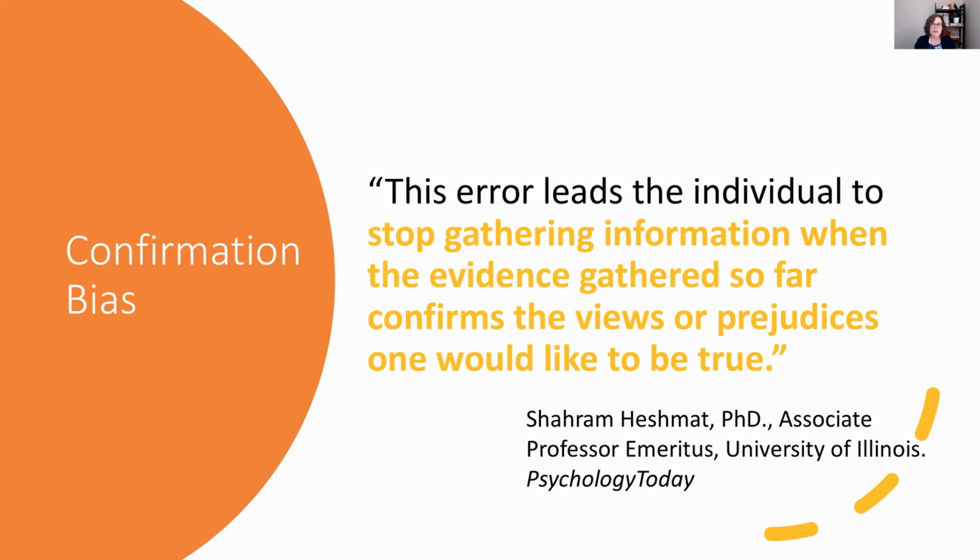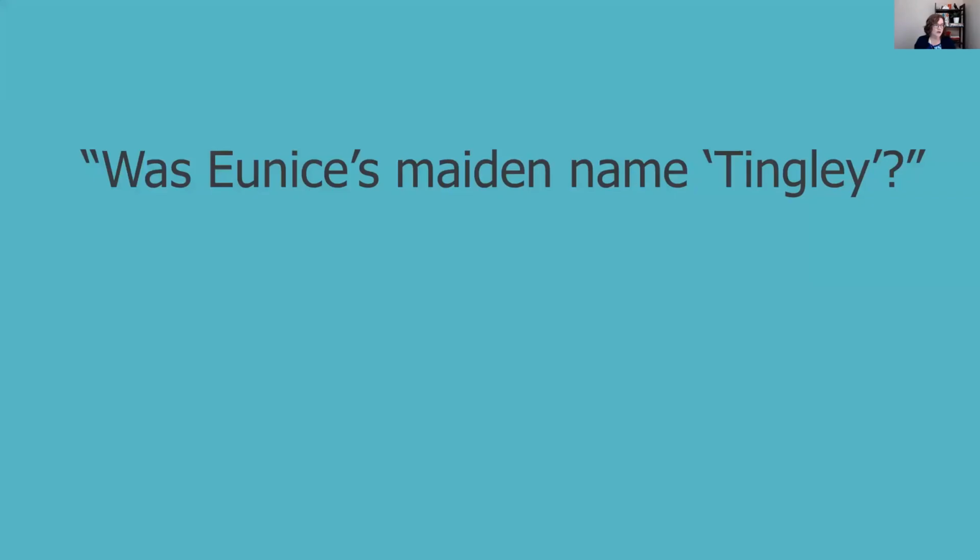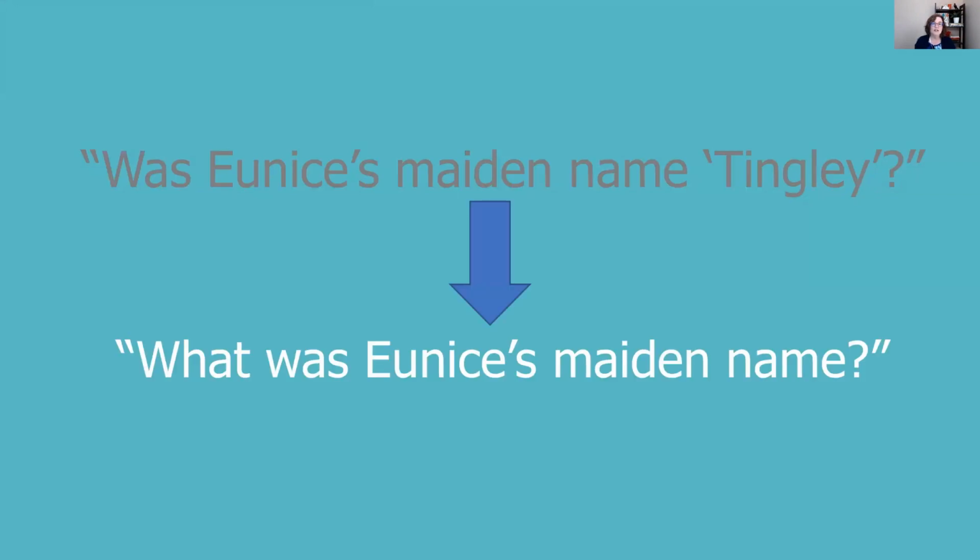So maybe instead of asking the question, was Eunice's maiden name Tingley? What if we make it a much more neutral question? What if instead we ask, what was Eunice's maiden name? Here we've taken our pet theory out of the question.